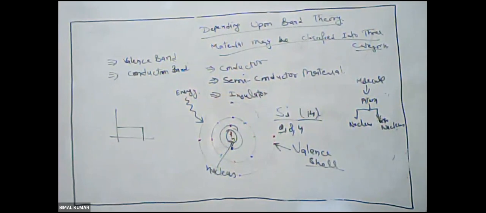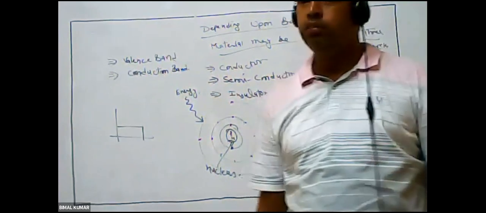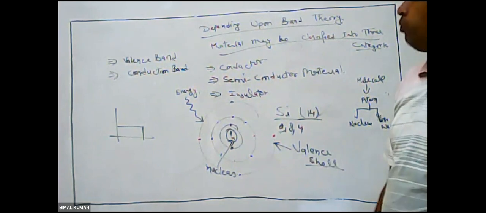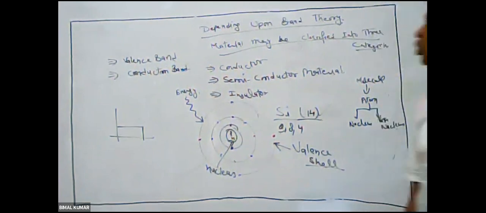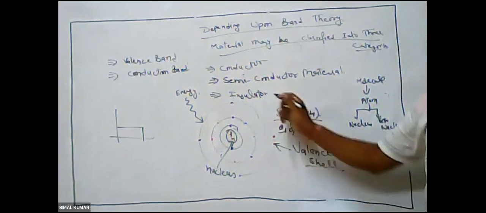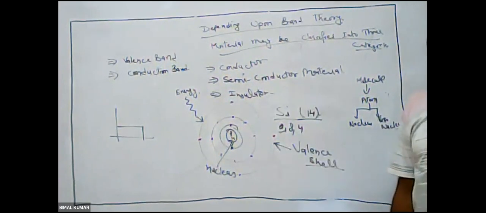So that type of material, which will not leave its last orbit electrons even when supplying a very huge amount of energy, is known as an insulator, right?